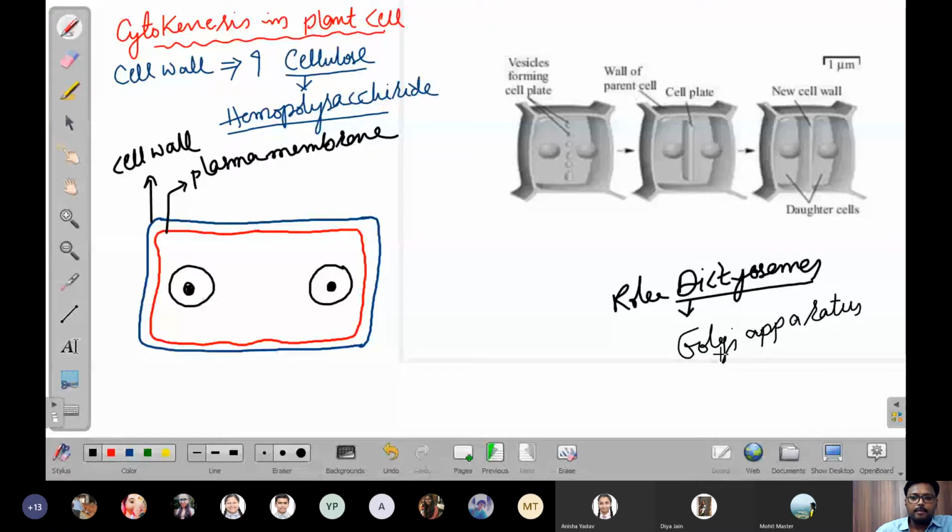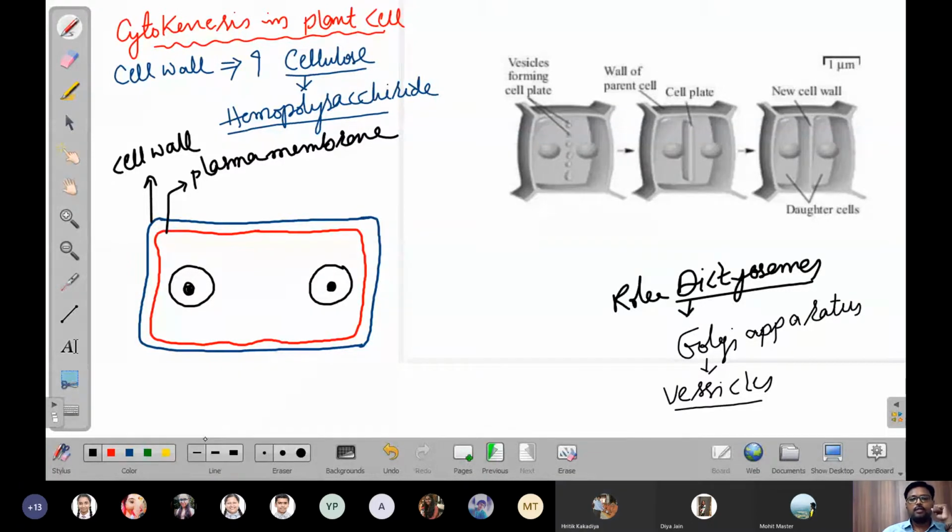These Golgi apparatus secrete vesicles. Now, what is the function of Golgi apparatus? Packaging and transfer of substances.